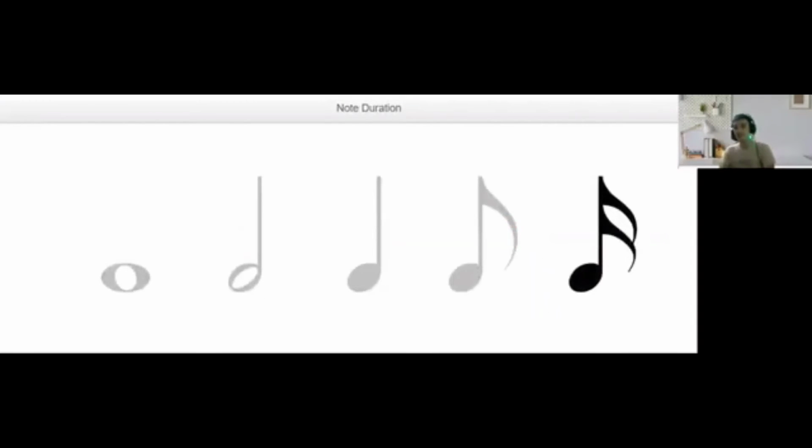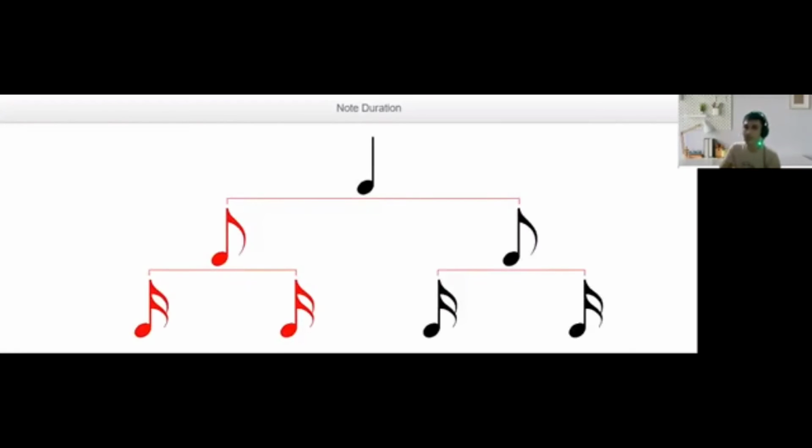The next one is a 16th note. A 16th note has two flags. So it's different from an eighth note, since the 16th note contains two flags. Then two 16th notes equal the duration of an eighth note.